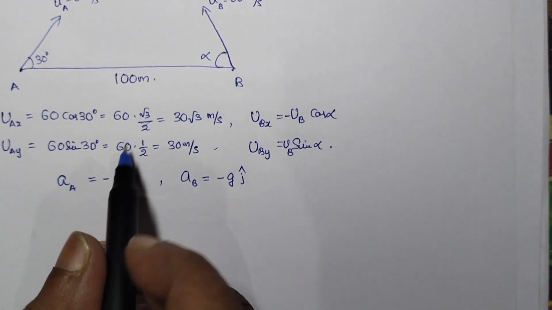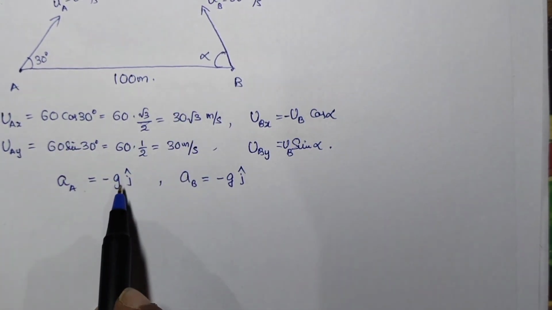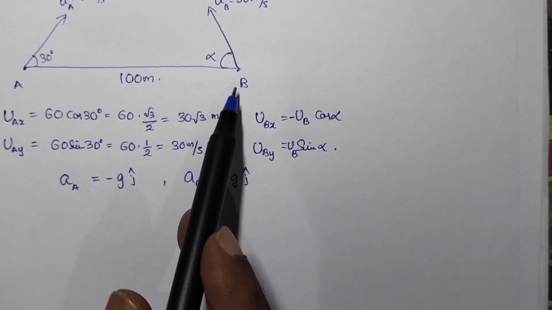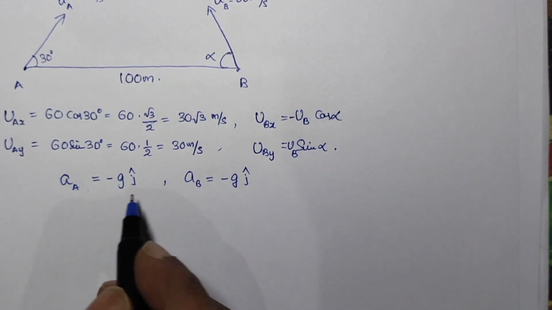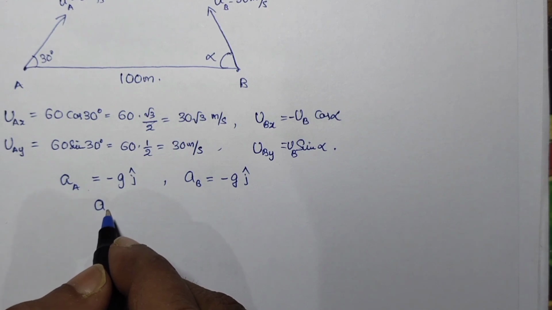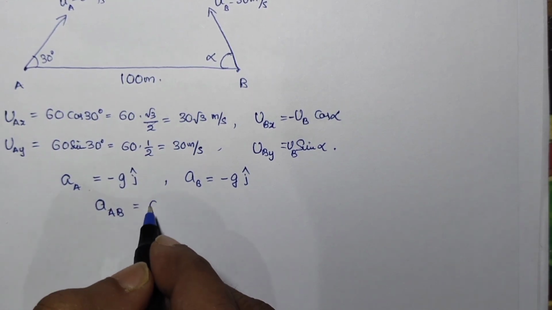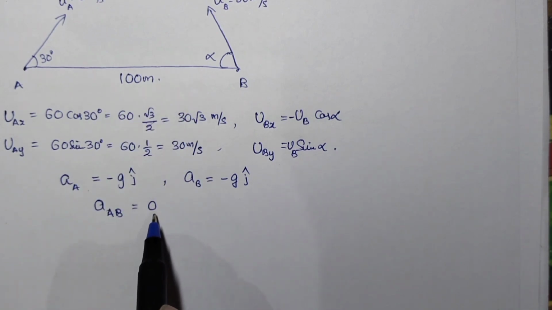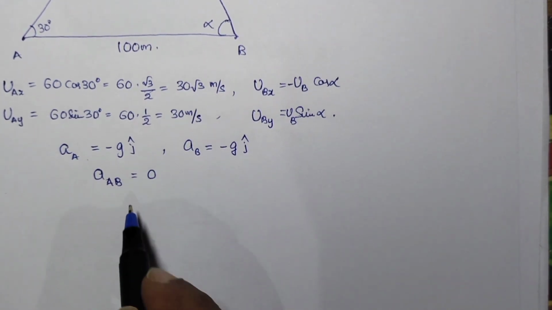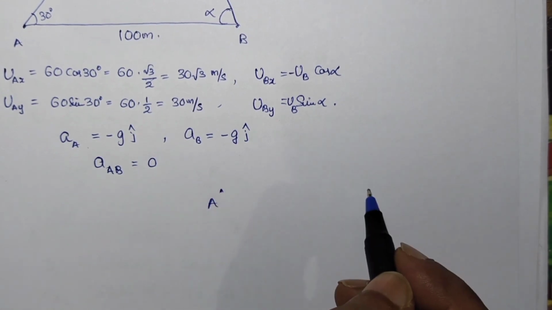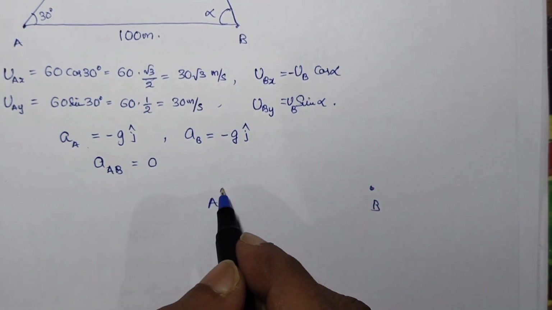If you compare the accelerations of the two particles, both are equal. Since both are equal, the relative acceleration of particle A with respect to B is equal to 0. That means the relative motion is uniform motion in a straight line.